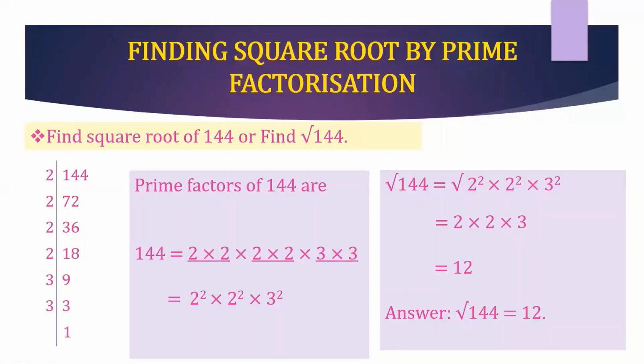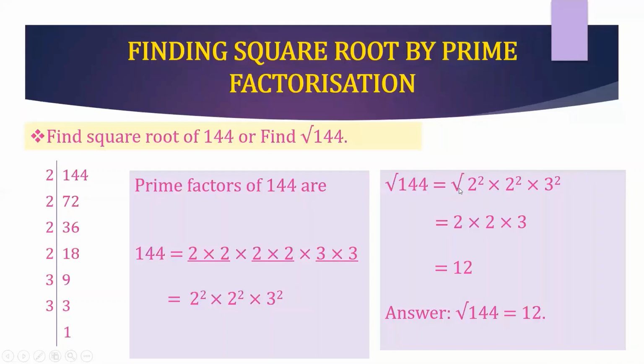So the square root of 144 is equal to the square root of these factors, correct? Because 144 is 2 square into 2 square into 3 square. So the square root of 144 is equal to the square root of 2 square into 2 square into 3 square. Now, the next step is very important.